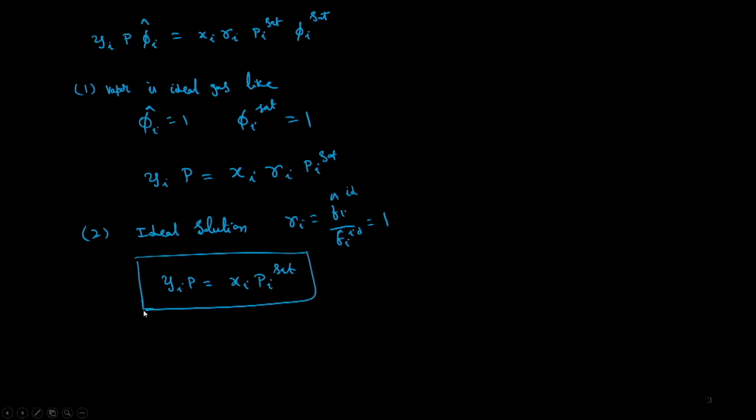This is for an ideal solution and the vapor phase behaving as an ideal gas. This equation at the end is more commonly known as Raoult's law. Of course, we know the underlying assumptions to be able to use Raoult's law, right?